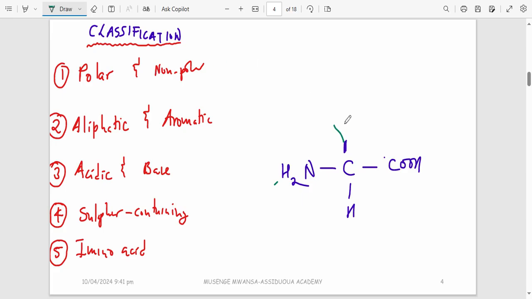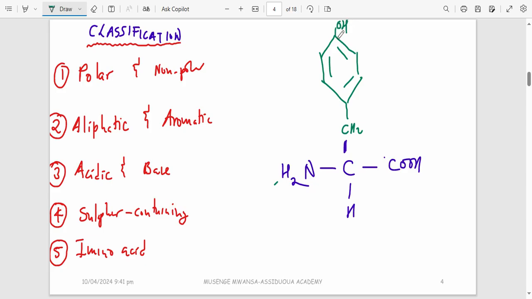Let's talk about this one, phenylalanine. Phenylalanine is going to have a CH2 here, and then bonded to it, you are going to see a ring like that, and then it is going to have OH on top.